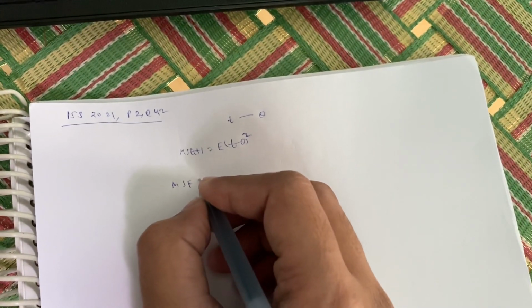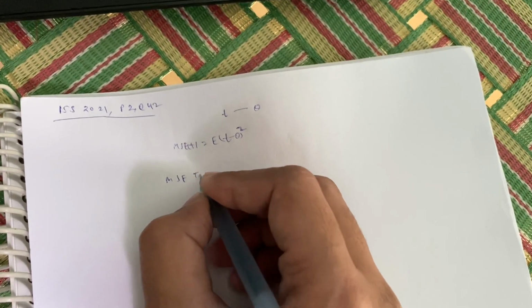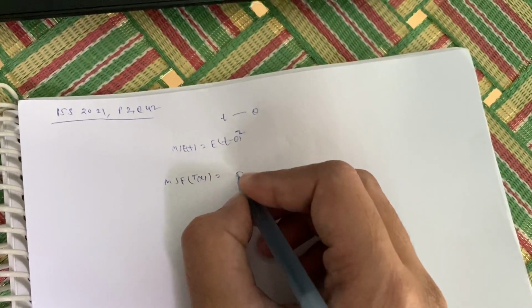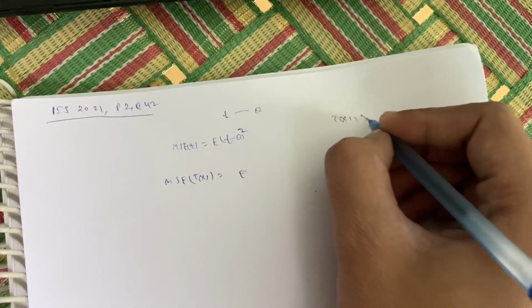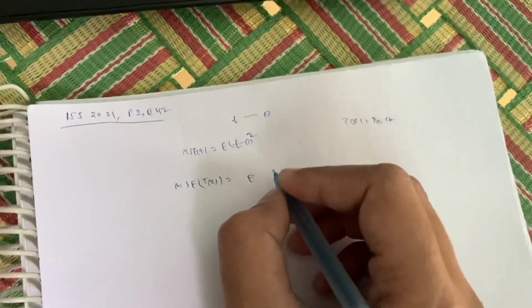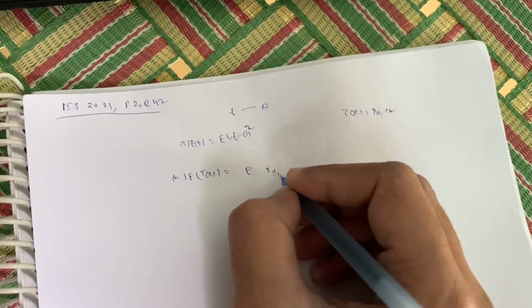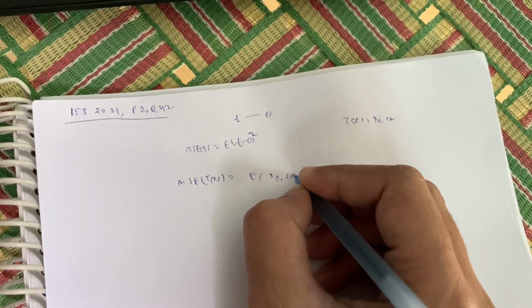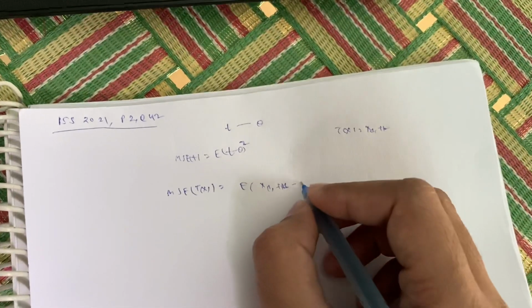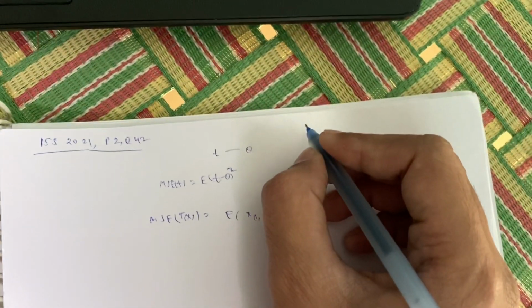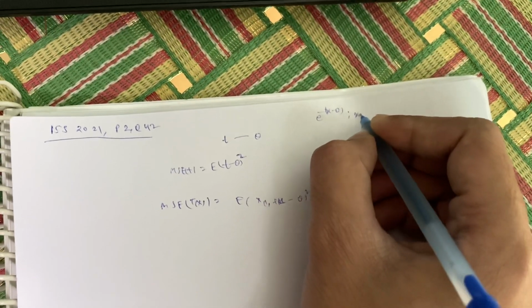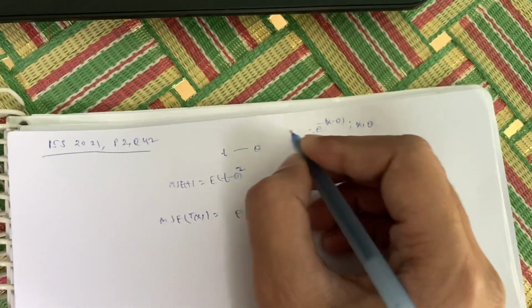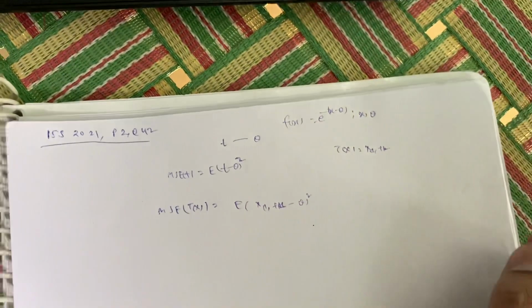Here our statistic T(X) is defined as X(1) plus k, so we put X(1) plus k minus theta. We are estimating theta here, and the density function is e to the power minus (x minus theta), for x greater than theta.